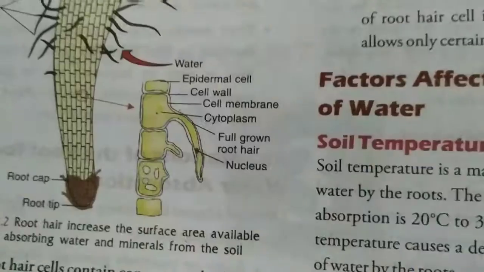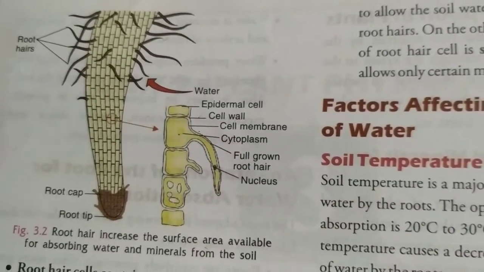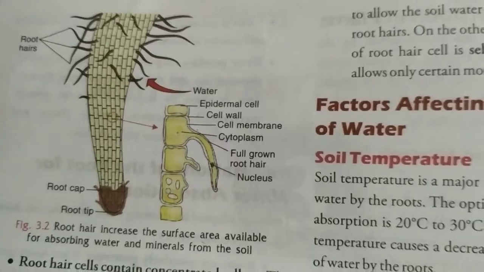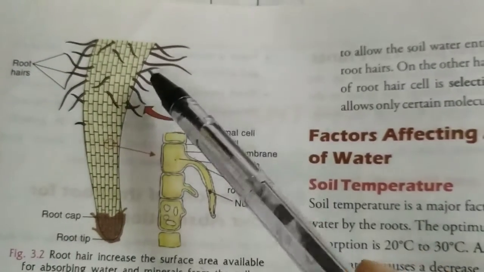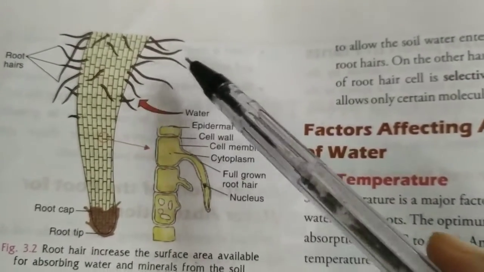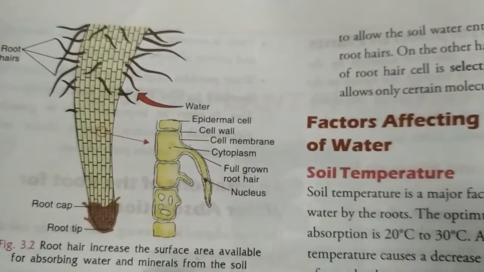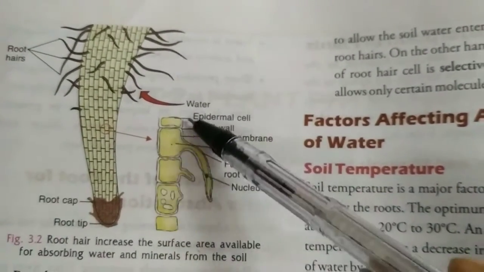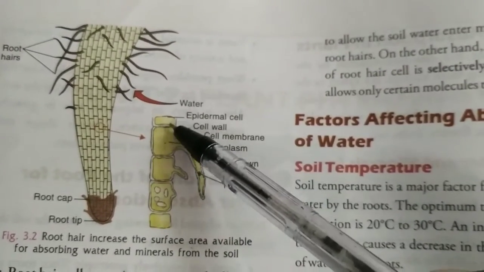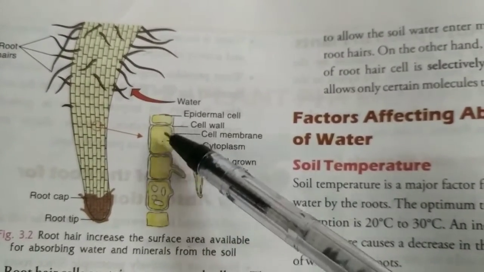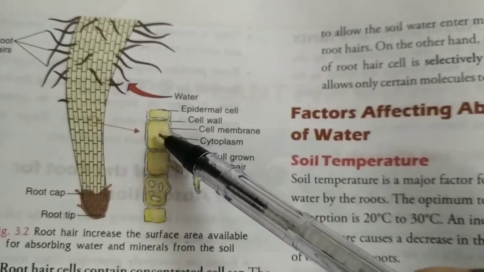Moving on to the next point, root hair cells contain concentrated cell sap. Here, if you take one root hair under a microscope, we will find a structure like this. It is surrounded first by the epidermal cell, then the cell wall, and then the cell membrane, and inside, vacuoles are present which contain the cell sap.